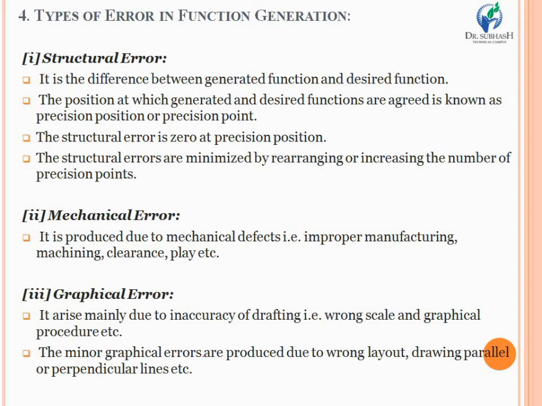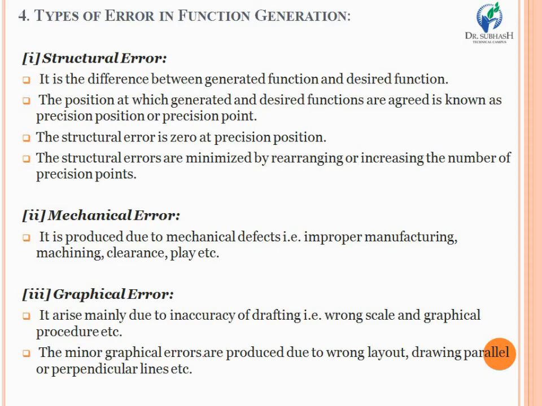Now secondly, the error that you find while synthesizing any mechanism is the mechanical error. Of course, it is produced due to mechanical defects, like improper manufacturing where there is no matching between two links, clearance between two links, or backlash or play between two links or joints.